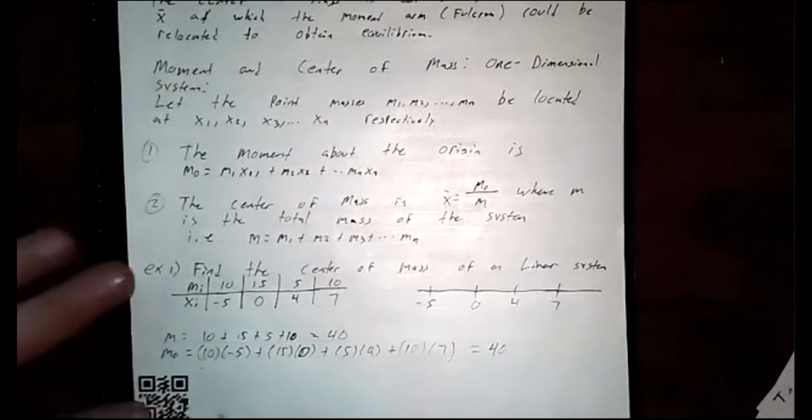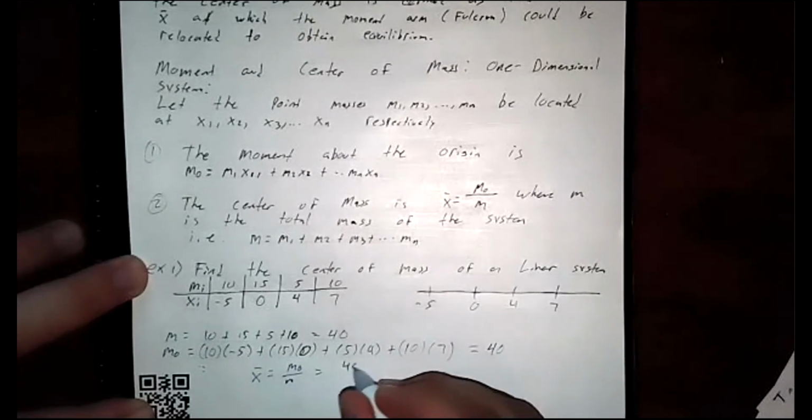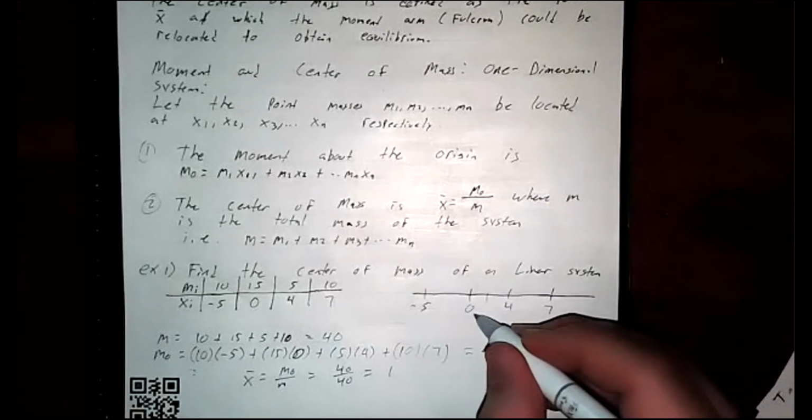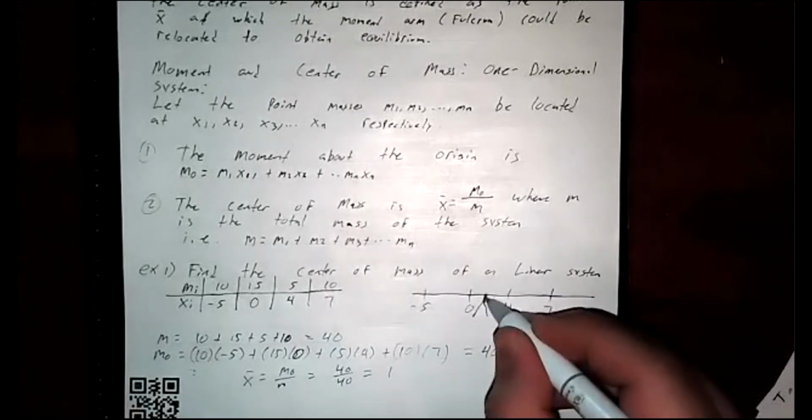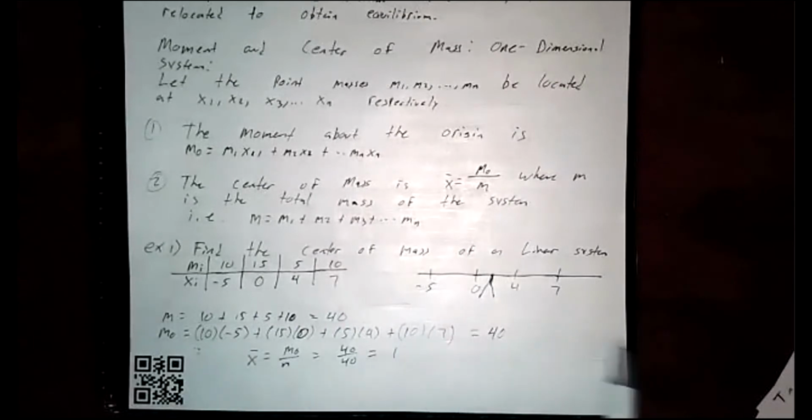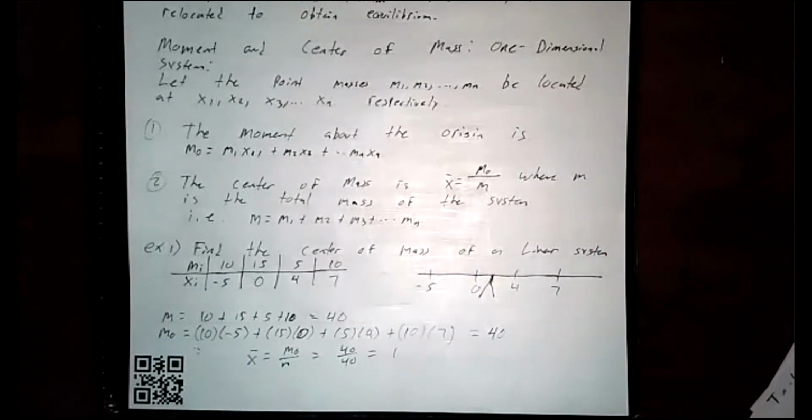So the formula says that x bar is equal to m naught over m. In this case, they're the same. So 1, that's somewhere around here, right? So this little spot here is the center of mass for this linear system. Does that make sense? I think that's the goal here.